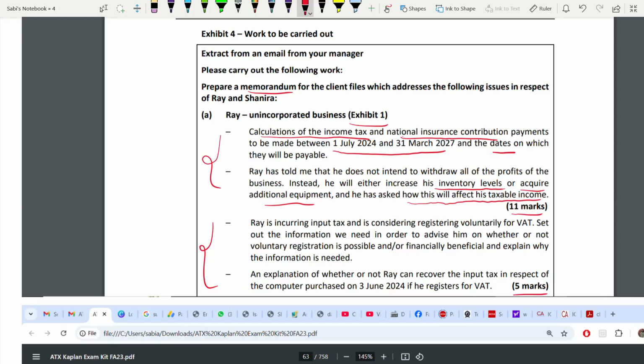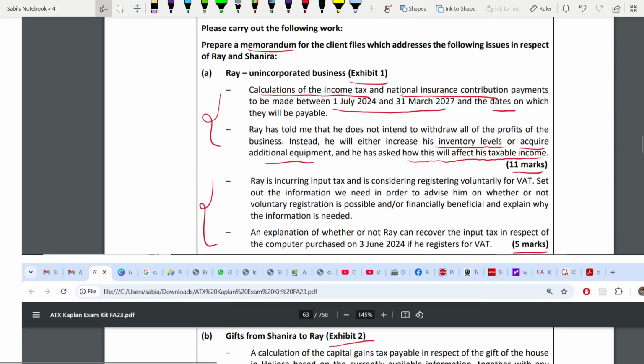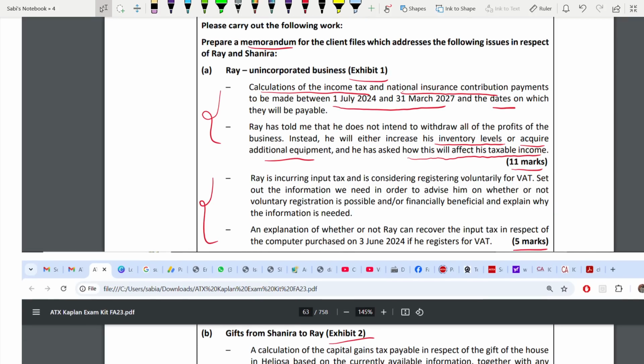Okay, next, this is about incurring input tax and a VAT question. So he is incurring input tax and considering registering voluntarily for VAT. See, they didn't ask you the pros of registering voluntarily for VAT.